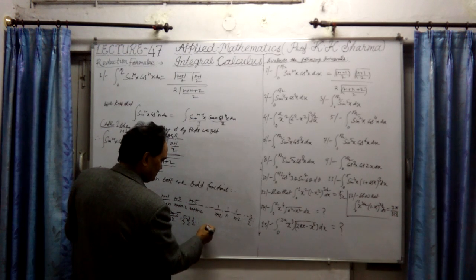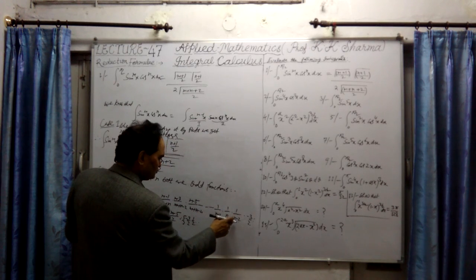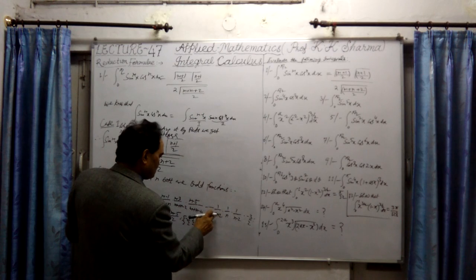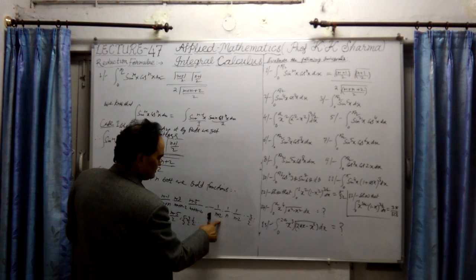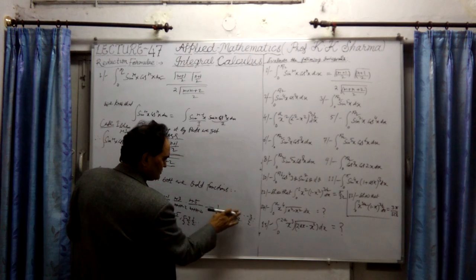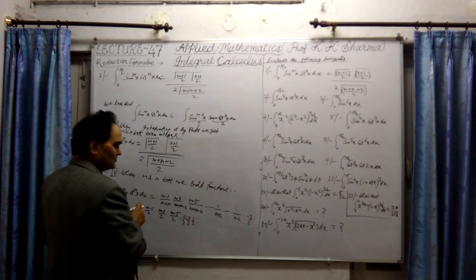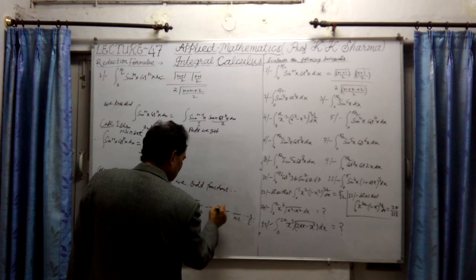Now in the denominator we will get these terms: n plus 2, then n, then n minus 2, and so on. This is 1 upon n plus 2, the last step in this case.